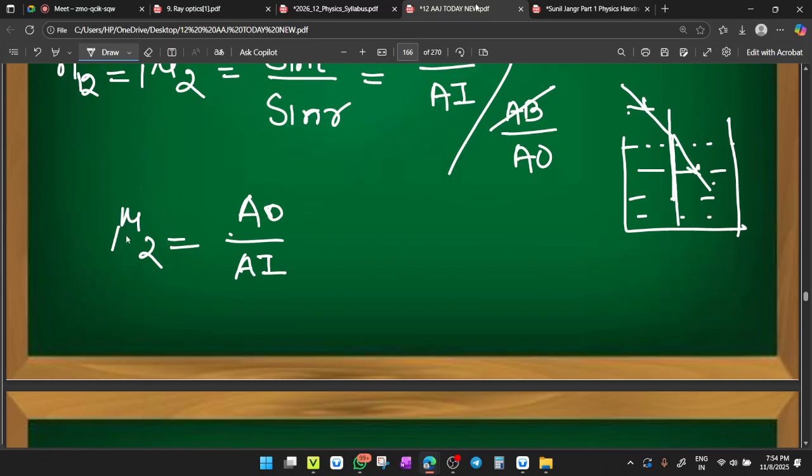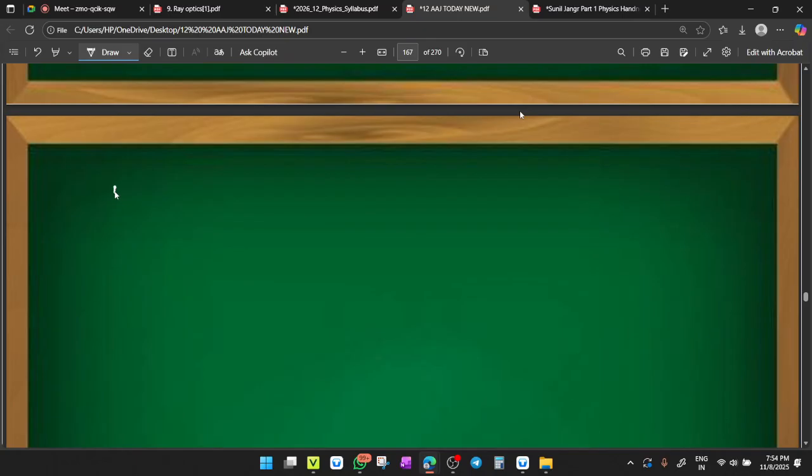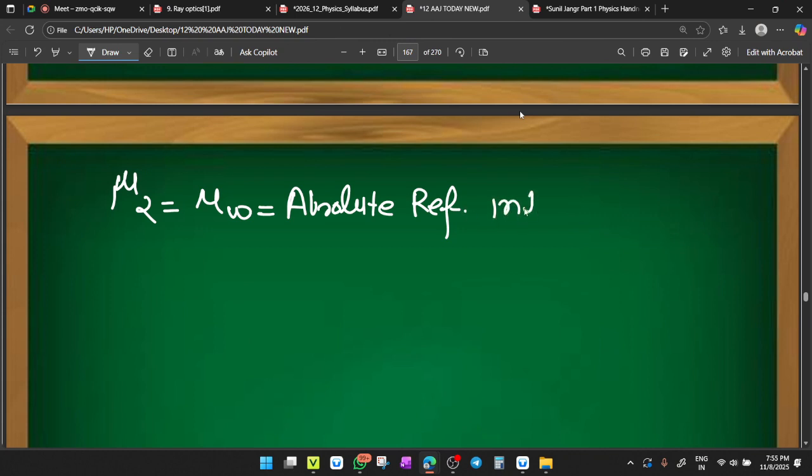If the first medium is air, then you can write 1 mu 2 is equals to mu. Yes or no? 1 mu 2 is equals to mu water or mu liquid. That is the absolute refractive index. Clear or not?